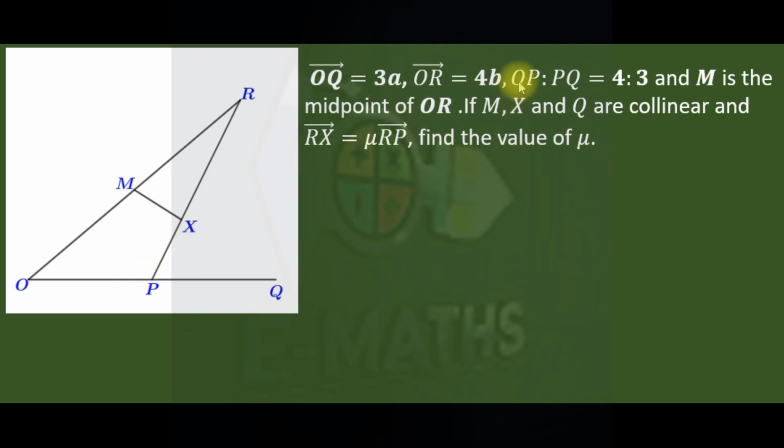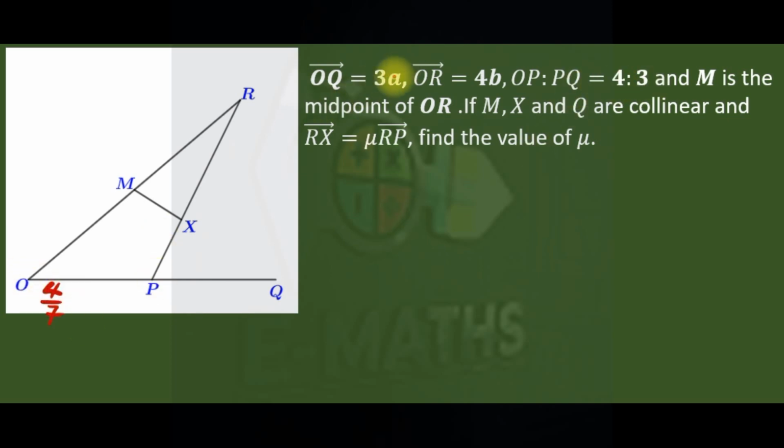Okay, the first thing I have to do, from this, they say the ratio of OP to PQ is 4:3, meaning that OP is 4/7 of OQ. Do you get? The ratio is 4:3.